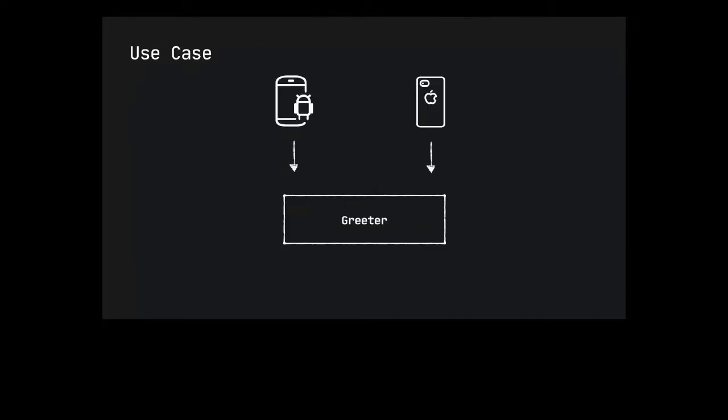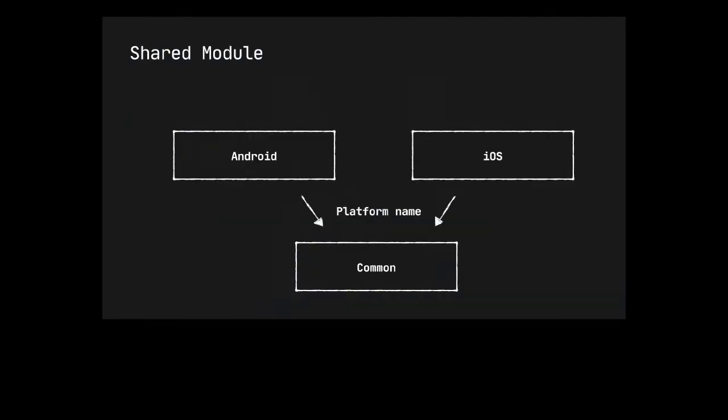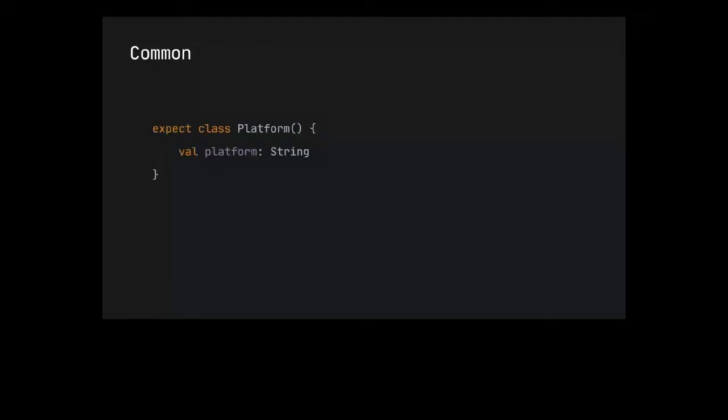So let's look at how you would implement this greeter class in this shared library. What it's going to provide is a platform name. This is the structure of how to set up a class. What's important to know here is that Kotlin Multiplatform gives you two new keywords, expect and actual. You can see here it says expect class Platform and a val platform, which is some particular string.